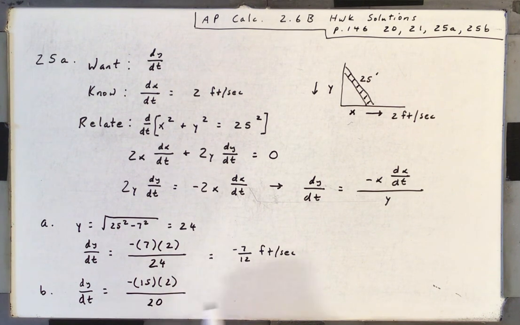So y would be 20 when x is 15. So that's negative 15 over 12 feet per second. Let's see, that's not right, is it? That'd be negative 30 over 20, so negative 3/2.